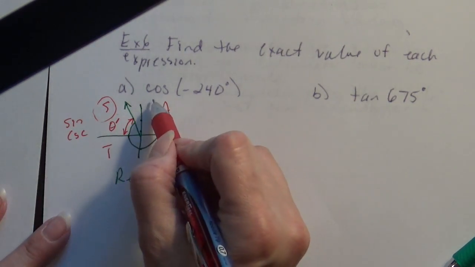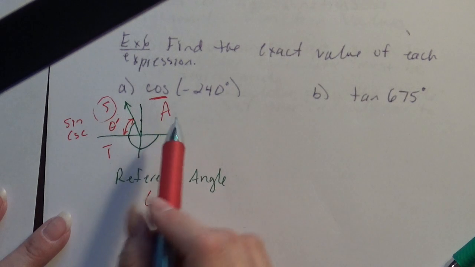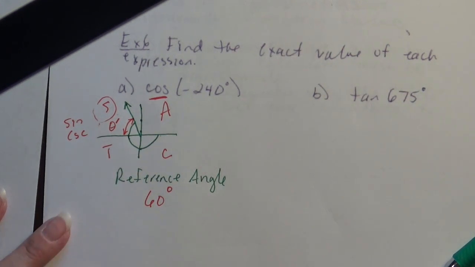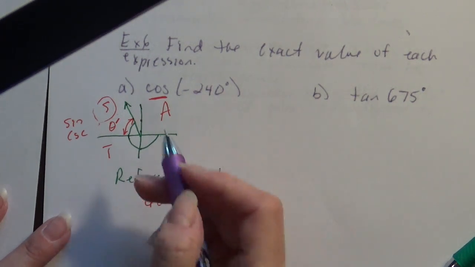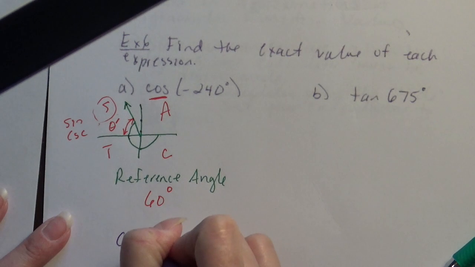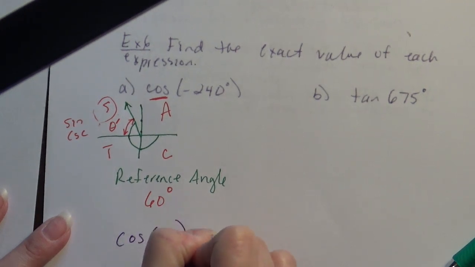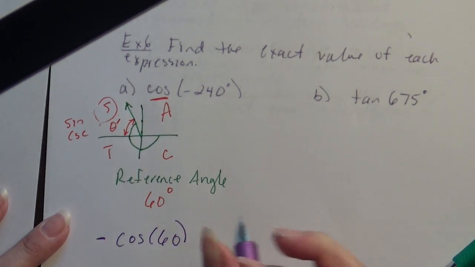We were asked to find cosine, so cosine is not positive in quadrant 2, so our answer is going to be negative. And if we know the cosine of 60, we'll make that answer negative, and we'll have it. So cosine 60, and we're going to make the answer negative.